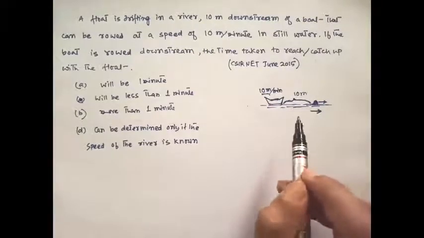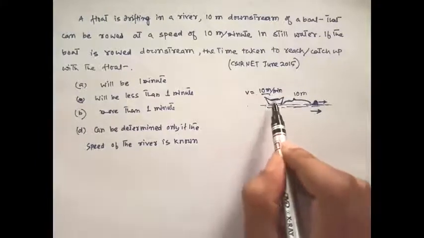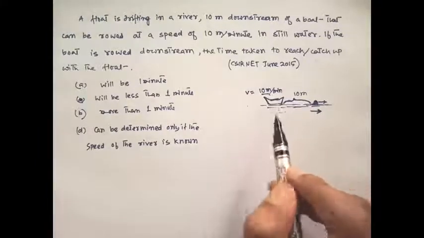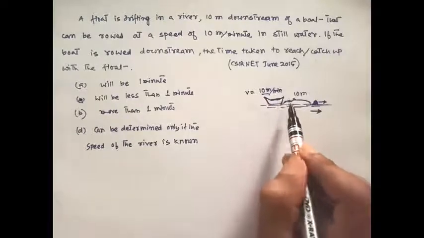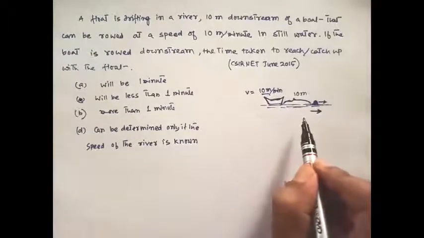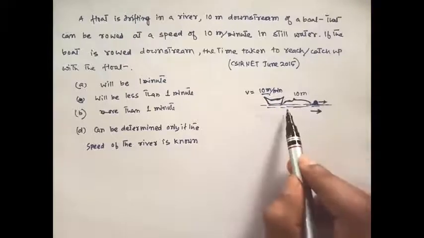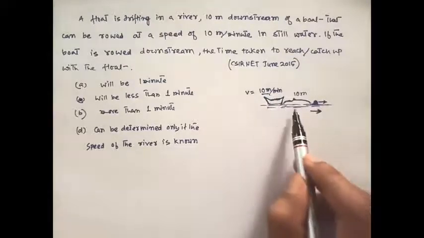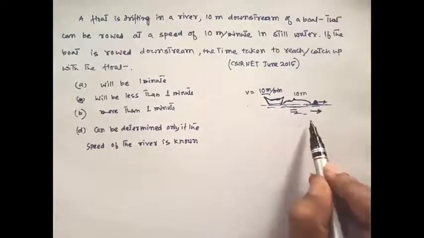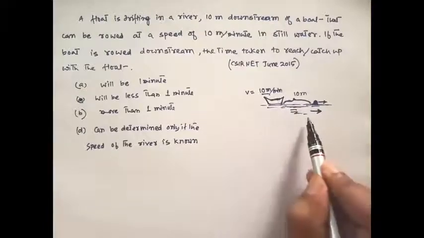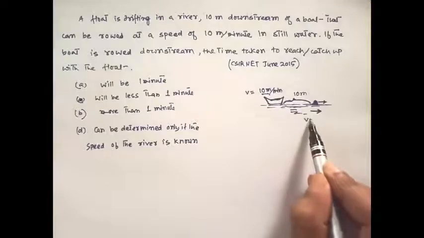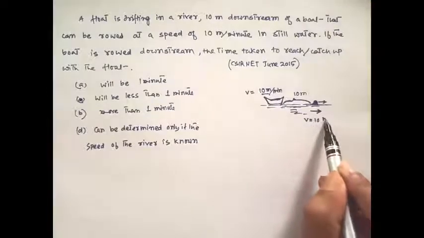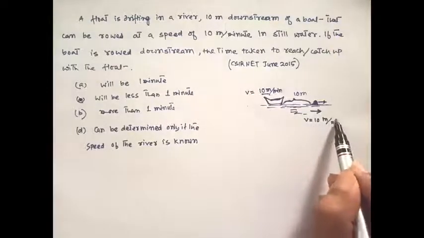You see, in this case, this 10 meter per minute velocity of the boat is the still water velocity. The velocity of the river is the same as the velocity of the boat, also 10 meter per minute.